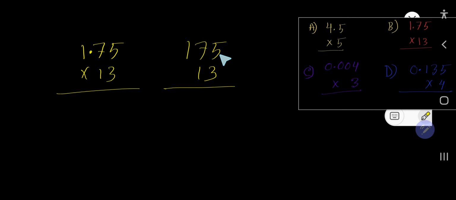So 3 times 5, 15, write 5 carry 1. 3 times 7, 21, plus 1, 22, so write 2, carry 2. 3 times 1, 3, plus 2, 5.